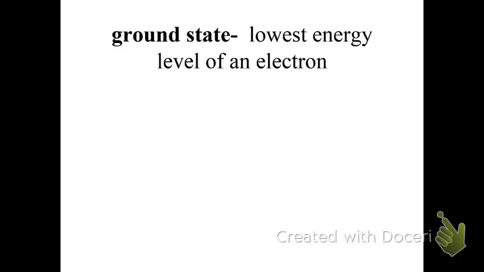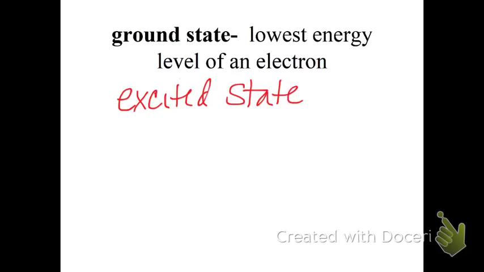The ground state of the electron, of course, is the lowest energy level. Sometimes, especially with the photoelectric effect, the energy can be absorbed by the electron and it can jump up to an excited state, and that is the higher energy level that it absorbs. And of course, whatever goes up must come down, and so when that electron falls back down and releases the energy, it releases it in the form of a photon.